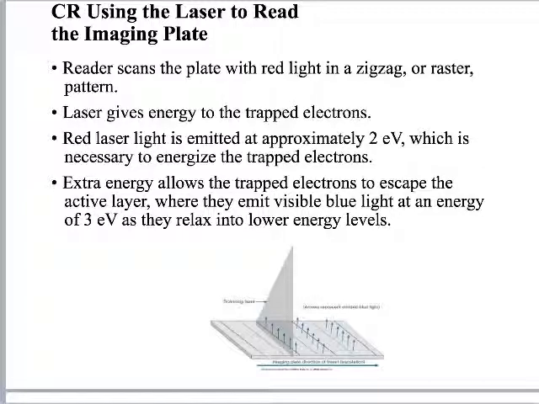So this phosphor went into this weird state when an X-ray hit it. Now you expose it to the laser and it gives off light. What I'm interested in reading is that blue light that the phosphor gave off. So what would be the problem if the laser was blue? I could make a blue laser, but what would be the problem?